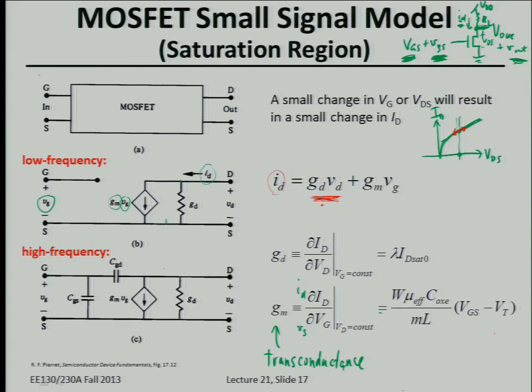G sub D: we never want the output current to be a strong function of the output voltage. And why is that? Well, we want to maximize this, right? For a given input gate voltage signal, we would like to maximize the change in the drain current to maximize the gain.